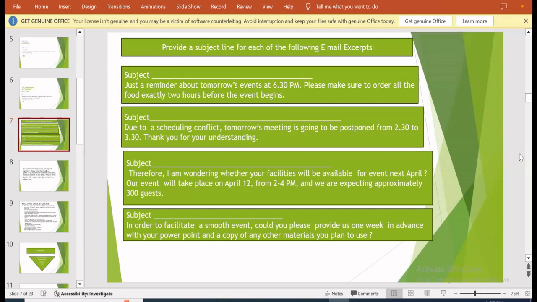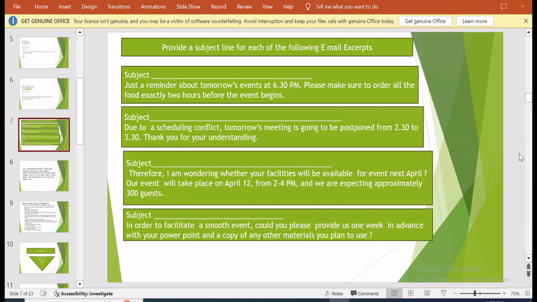Whatever I am telling, the subject may be different from your point of view, but the exercise is that you should think, and whenever you are writing your subject line, please write your email content first, then decide what the appropriate subject line will be. Please do not decide your subject line first.